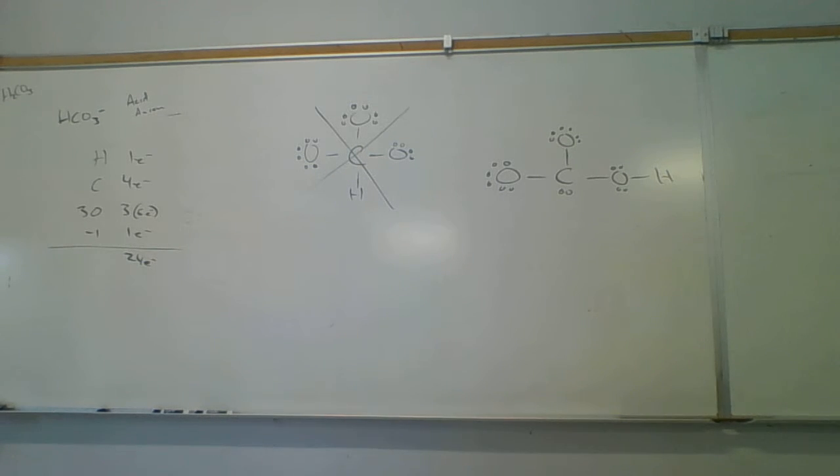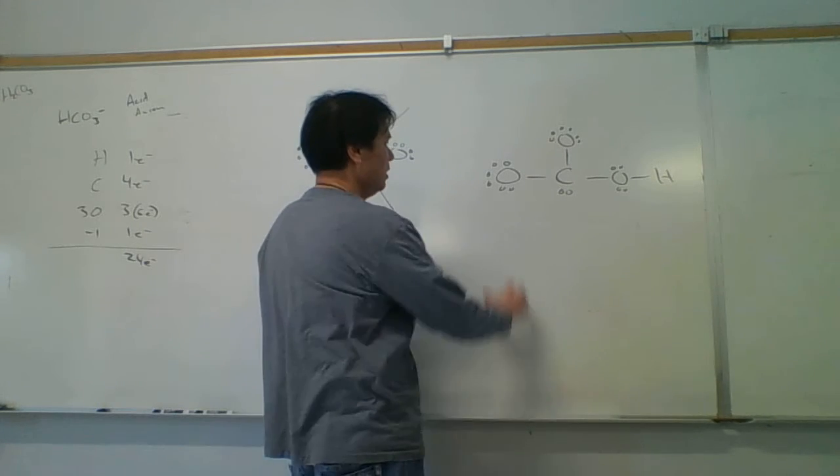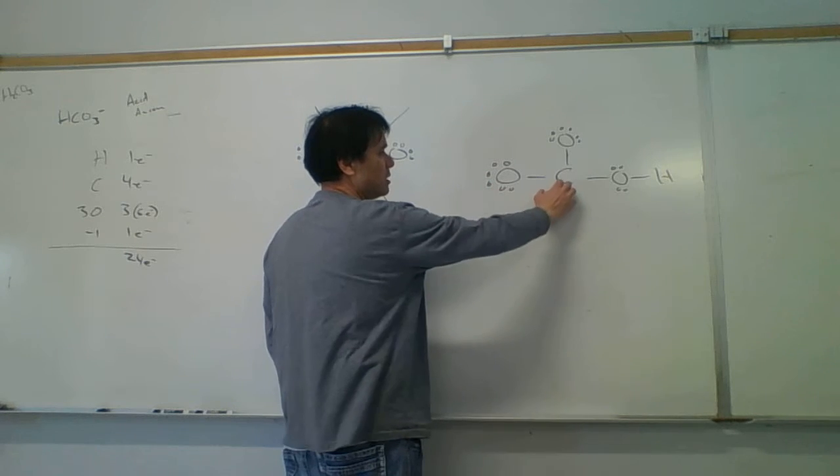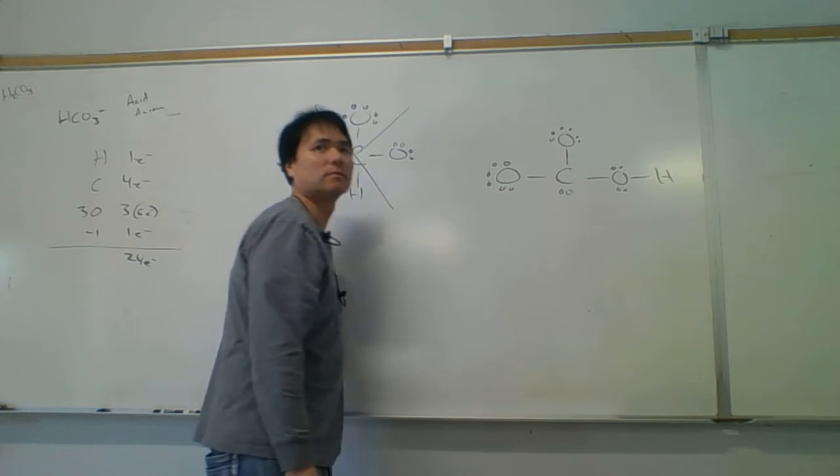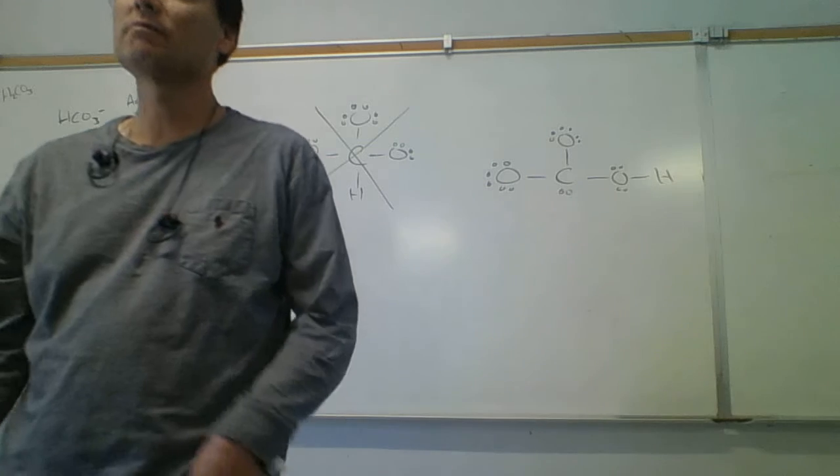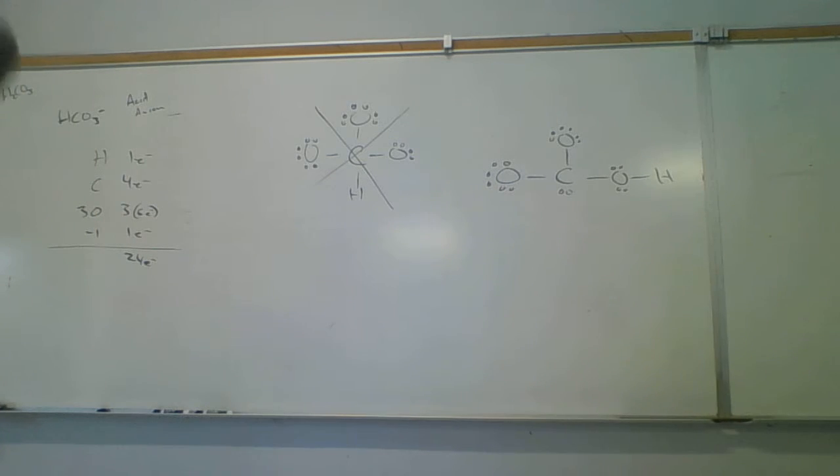Which one will give me more resistance or less resistance? Actually, I want the one that gives me the least amount of resistance. Should I take them off oxygen, or off carbon? Which one would resist the least?